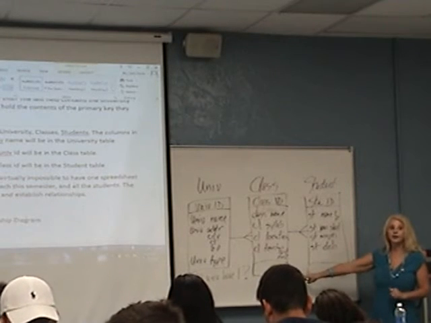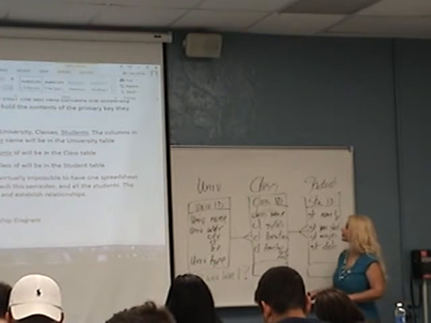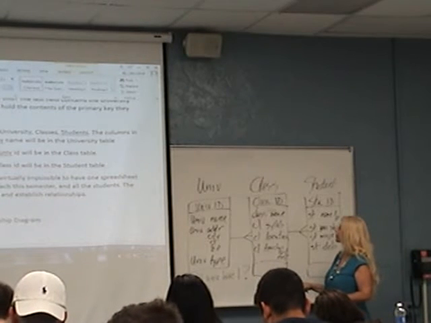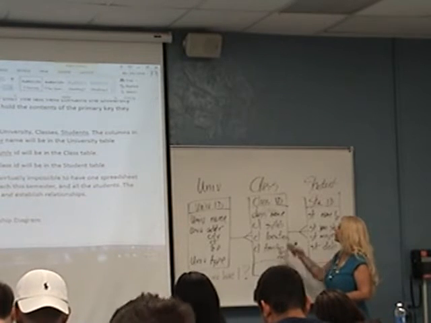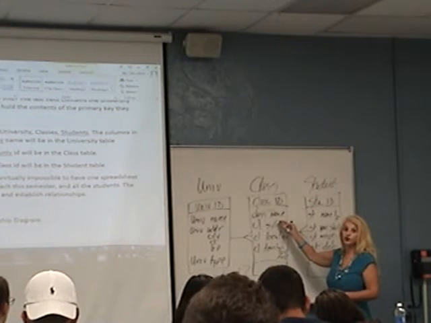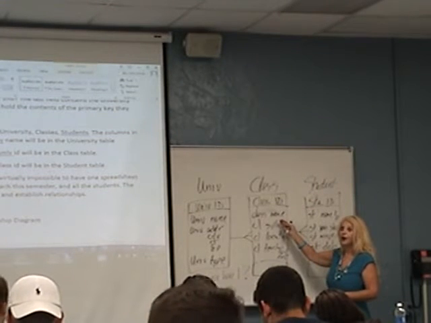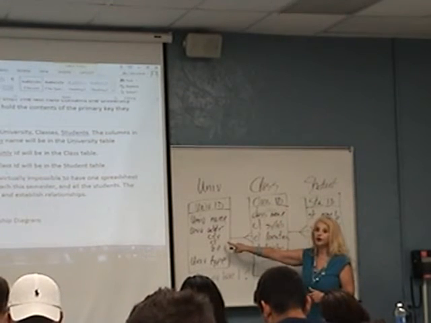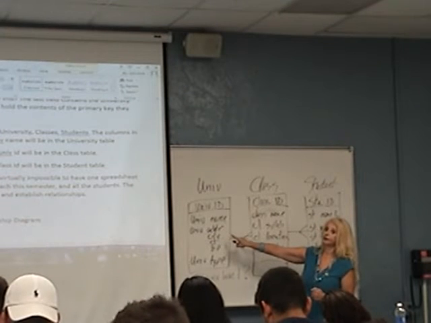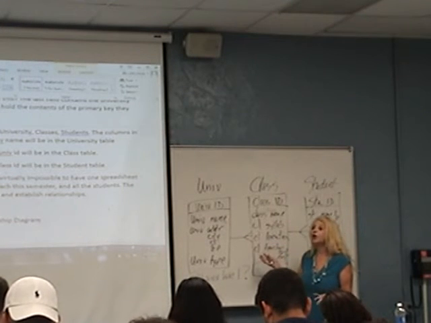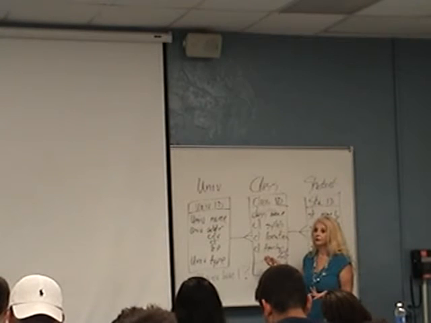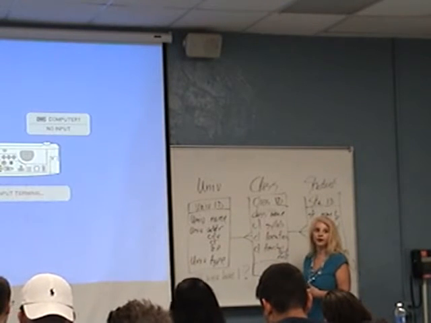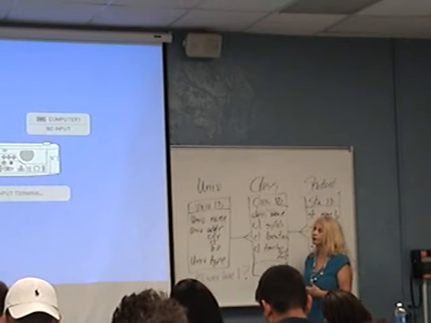So that's where this comes in. If we have a class ITM220B, it's obviously related to a university, right? How do we know which one? Do we put the university name down here or abbreviation?